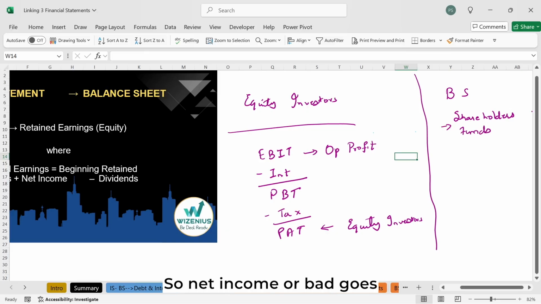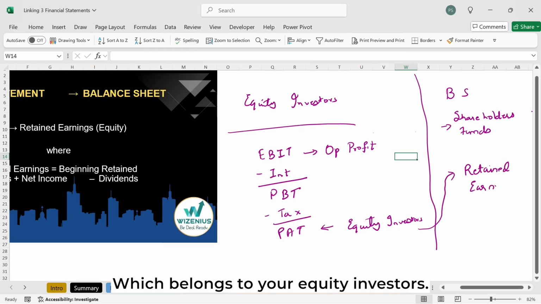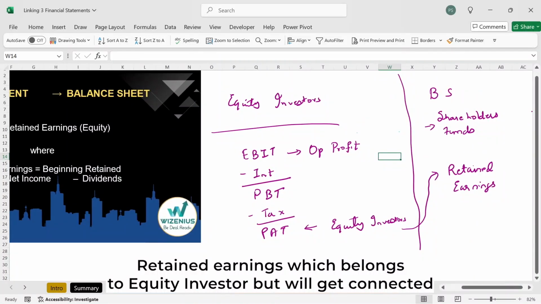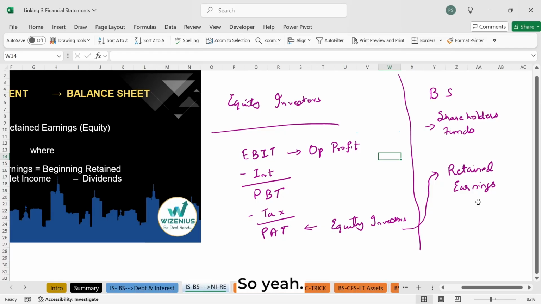So net income or PAT goes and connects to the retained earnings which belongs to your equity investors. PAT will get connected to your retained earnings which sits under your shareholders' funds or the equity side.